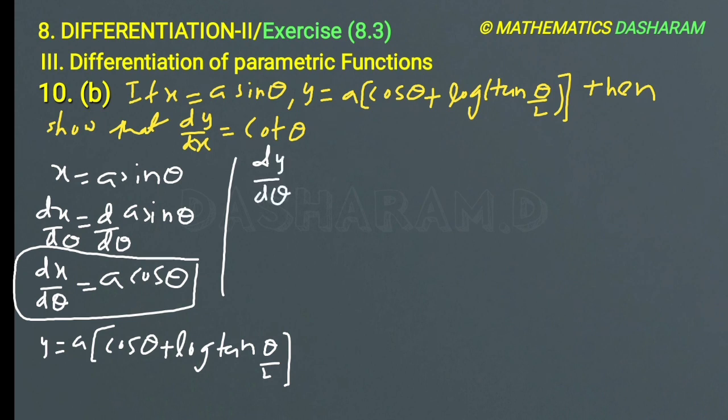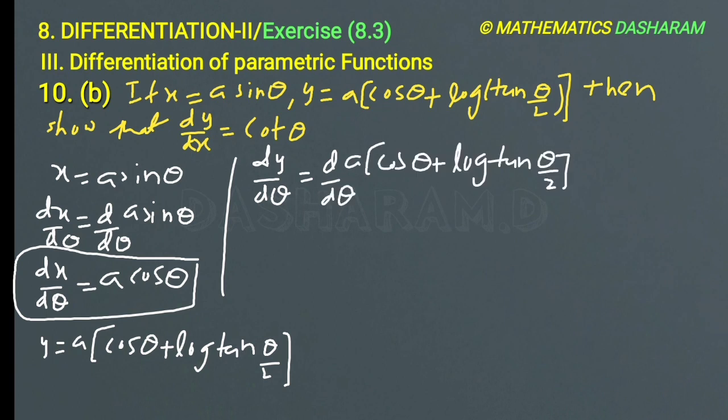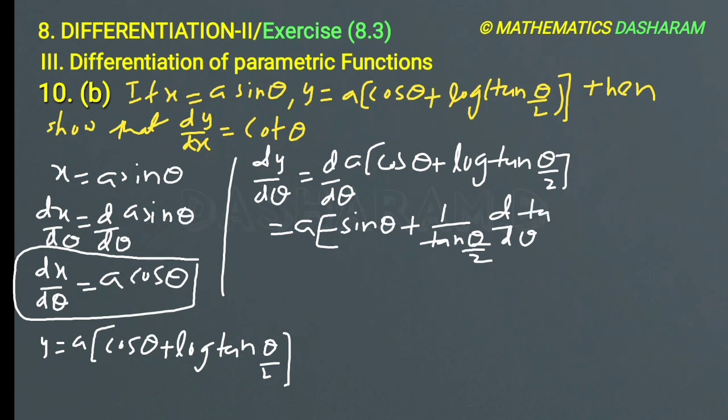So dy by d theta equals d by d theta of a bracket of cos theta plus log tan theta by 2. Here a is a constant number, the derivative of cos theta is minus sin theta, and the derivative of log tan theta by 2 is 1 by tan theta by 2 times the derivative of tan theta by 2. So it is a bracket of minus sin theta plus 1 by tan theta by 2.